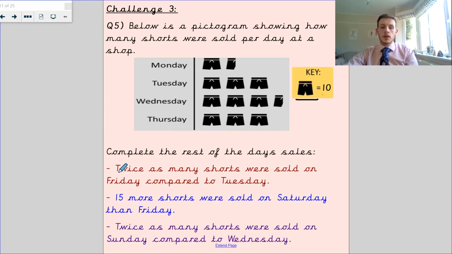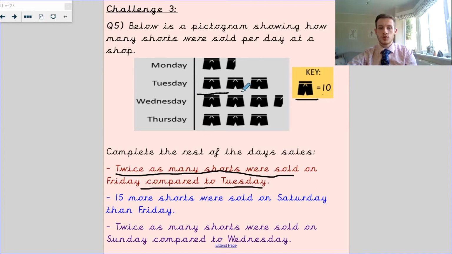It says on Friday, twice as many shorts were sold compared to Tuesday. So you need to find out what Tuesday's were, and then you need to draw twice as many or double the amount of shorts sold for Friday. It says 15 more shorts were sold on Saturday than Friday.